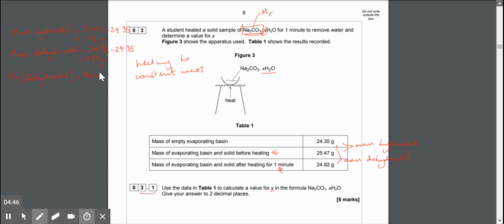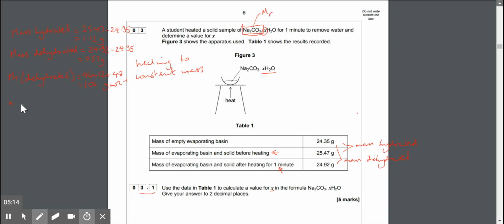We've got 12, and we've got 3 16s is 48. So I'll make that 106. So that's 106 grams per mole. So now we've got the MR, right? And so if we've got the MR there, 106, and we've got up here the mass of the dehydrated one, we work out the moles.